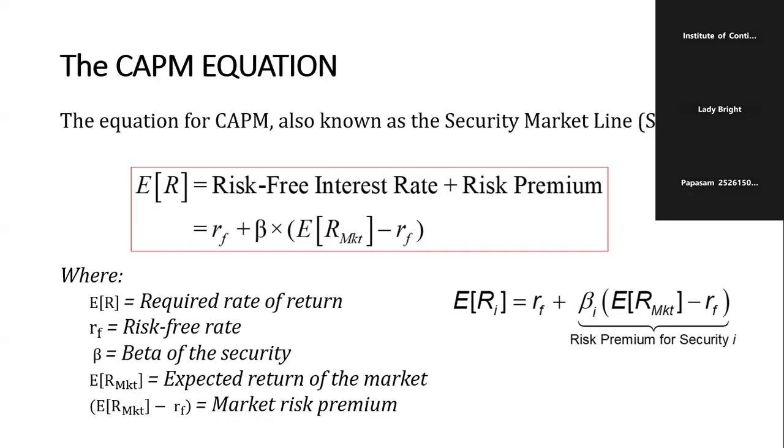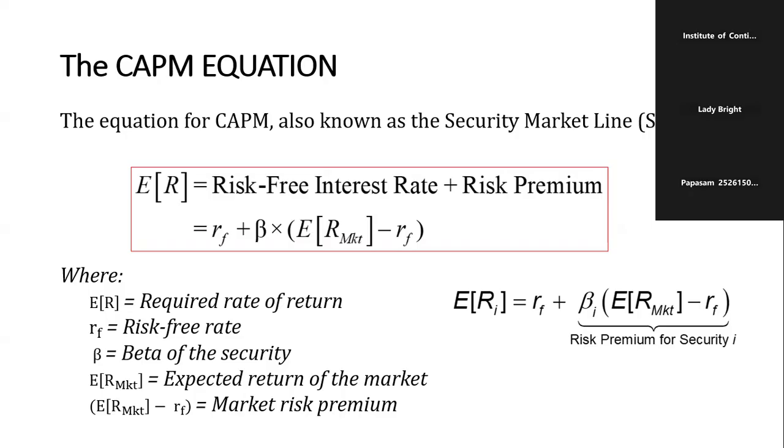That is the risk premium. So the risk premium times beta gives you your return for bearing the risk of buying a certain stock. And that is the premium you are receiving for bearing the risk.